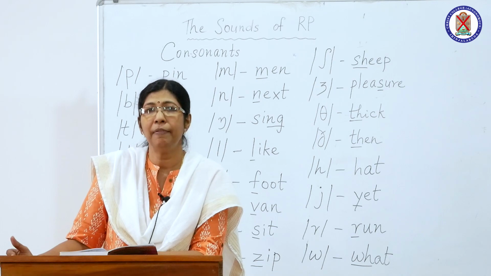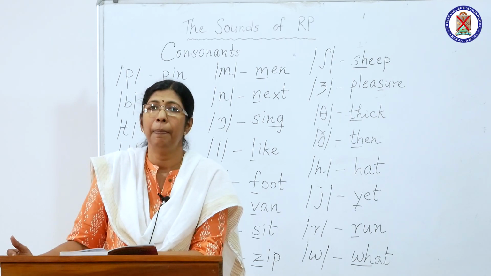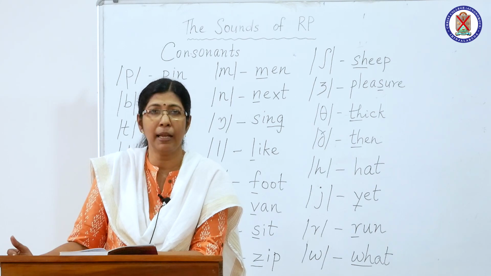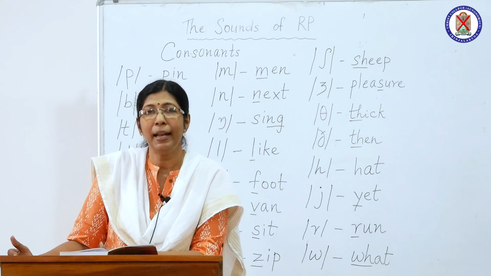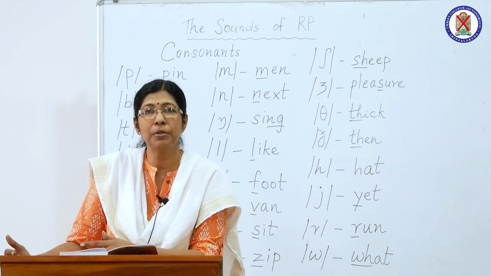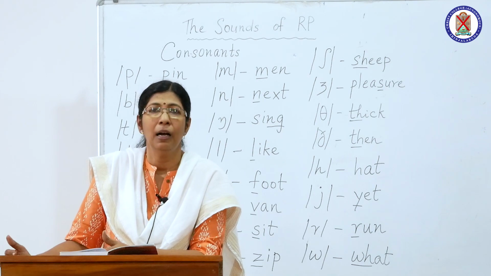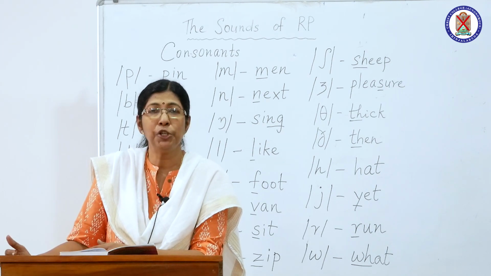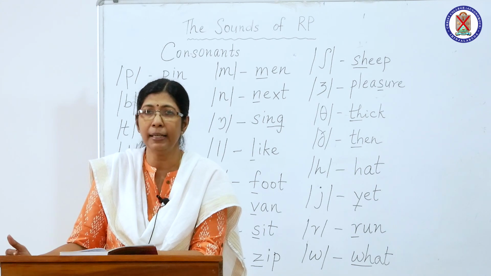It was also the variety of English selected to be used on the BBC. But we know today, we cannot say that all the speakers or all the programmers on the BBC use only RP. Anyway, earlier, all the elite, the educated persons used this particular variety of English, that is RP.